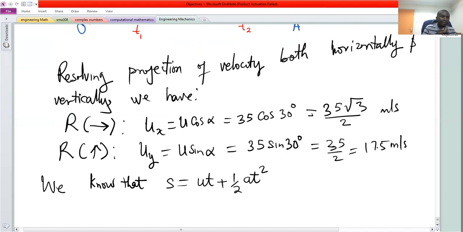For our case, our distance is 15, our uy is 17.5 as our u, and our t is the unknown.